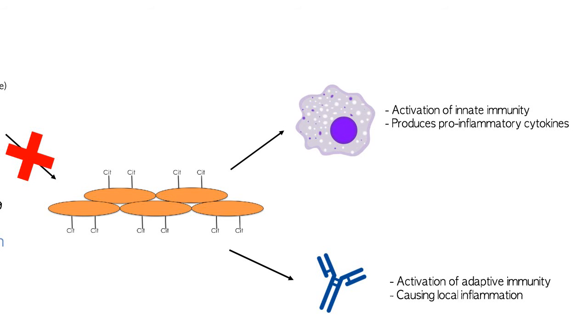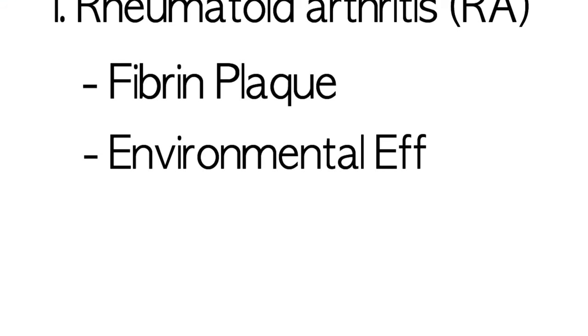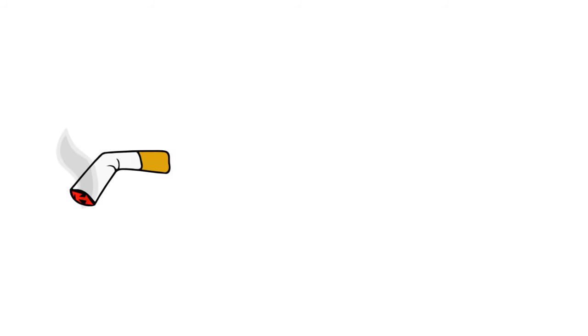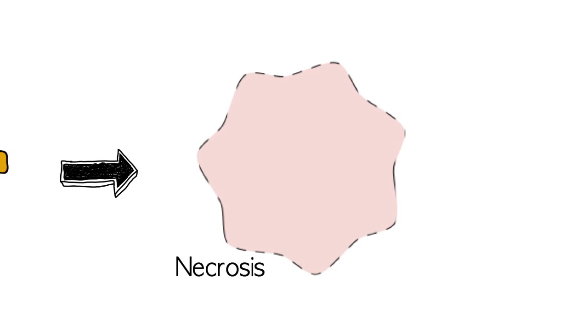Several studies suggest that environmental factors such as smoking, vibration, exposure to mineral dust, and injury increase the risk of developing RA. Under these circumstances, which induce cell necrosis, the integrity of the cell membrane is lost and the cytoplasm containing enzymes like PAD is released from the cell.